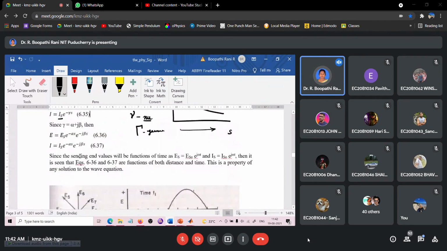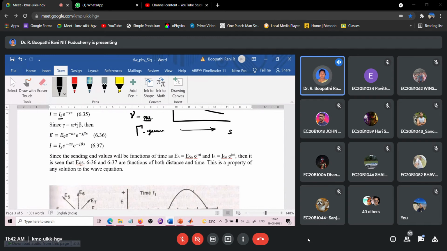And here we have ES, IS. How will we give the expression for that? You will be studying about the signal expression in signal resistance or EMF. ES is a sinusoidal signal, so ES naught e power j omega t. ES naught is the maximum amplitude of the signal, and e power j omega t will relate the phase.